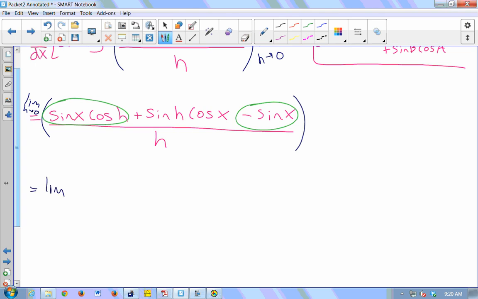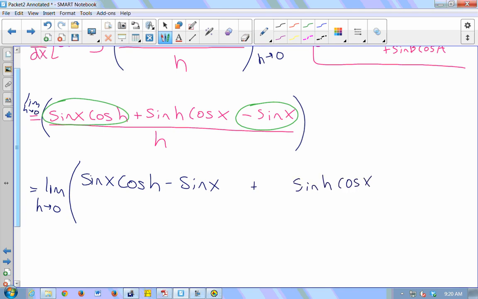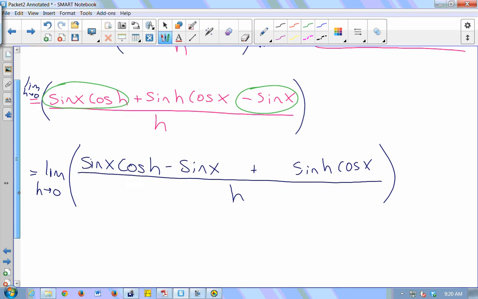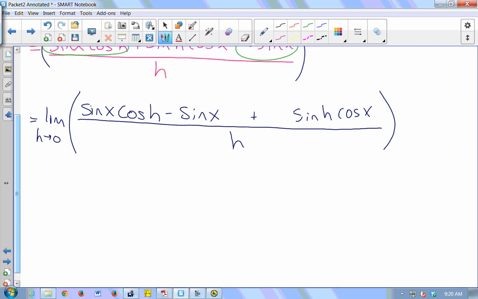So it's going to be the limit as h goes to 0 of sine x cosine h minus sine x, and then I still have a plus sine h cosine x all over h. All right, so all I did was rearrange the order of the numerator here. So these first two terms both have a sine x. Let's factor it out. Okay.